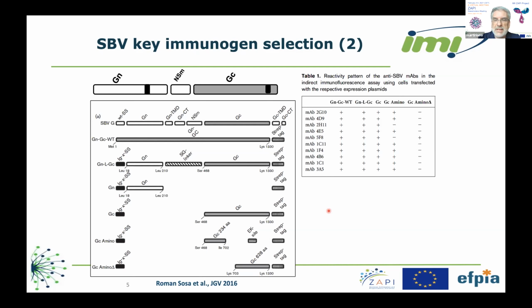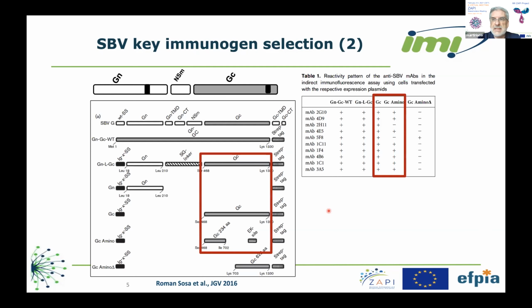It was on one hand very clear that the Gc is the main target. Gn does not play any role, so we could concentrate on this one. If we look at the reactivity, it was also clear that there is a very small part of this overall segment, which we call the Gc amino, the amino terminal part, which more or less makes all the reactivity in monoclonals and most of the reactivity in sera.